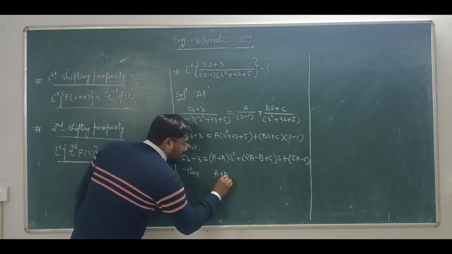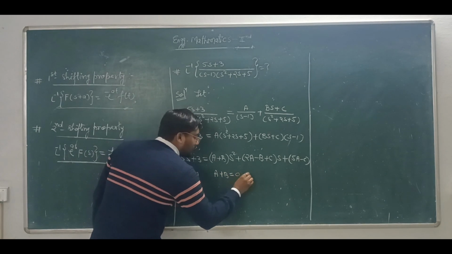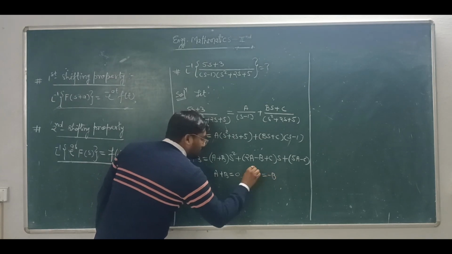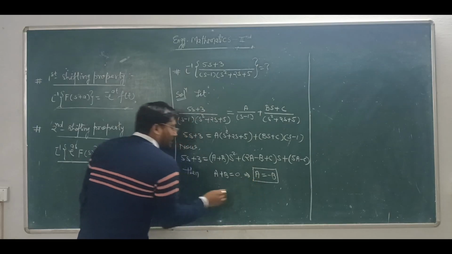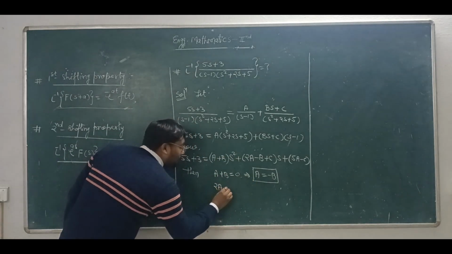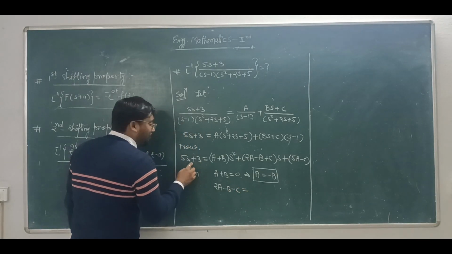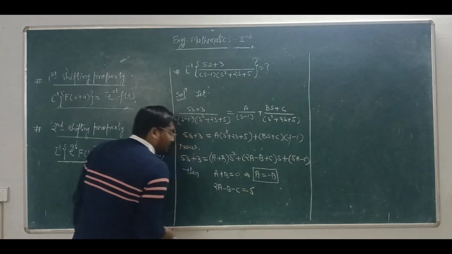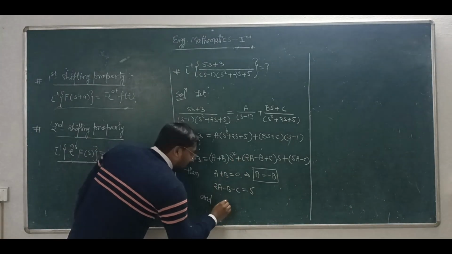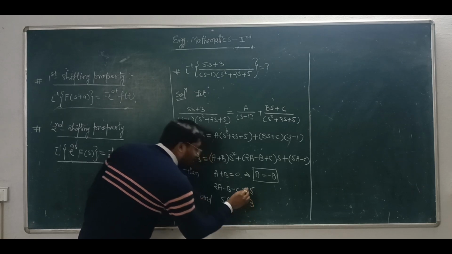A plus B is equal to 0. Now A is equal to minus B. Again 2A minus B plus C is equal to 5 and 5A minus C is equal to 3.